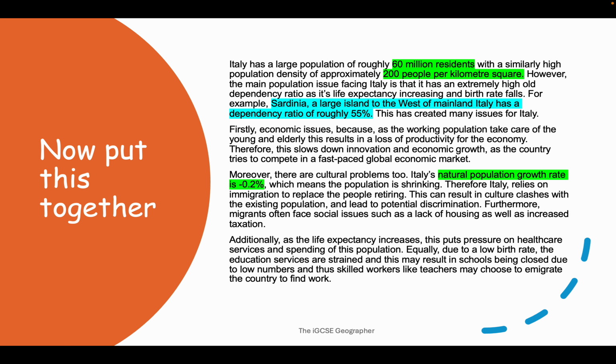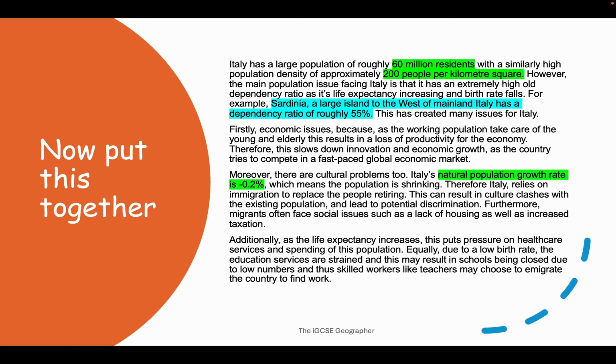So again, now we're going into the 3 developed statements, which I've just divided into paragraphs to help you here. So firstly, economic issues. Because as the working population take care of the young and elderly, this results in a loss of productivity for the economy. Therefore, this slows down innovation and economic growth as the country tries to compete in a fast-paced global economic market.